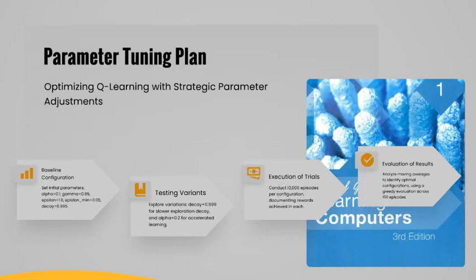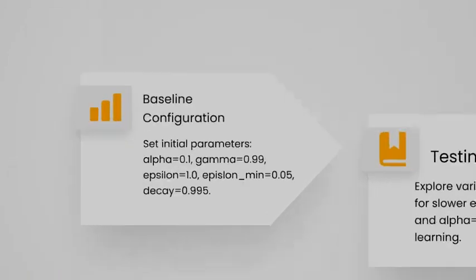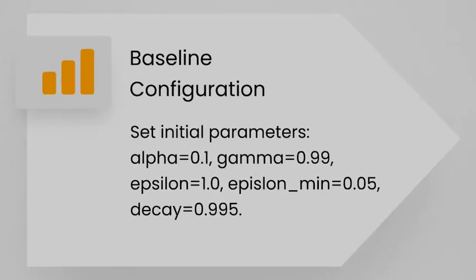So the algorithm tracked total reward, steps, and success rates across episodes. And so, training. This was the baseline configuration that I ended up picking for the Q learning.